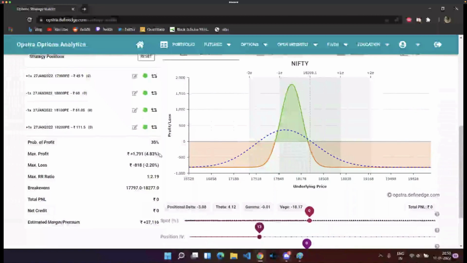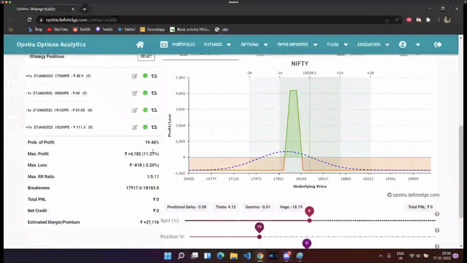Same, you'll be losing 2.2%. Your max profit is 5% on Wednesday. Your max profit is 11% on Thursday. This is a case of a normal ladder or a normal butterfly. Basically, let's just say return double over if you wait one more day.